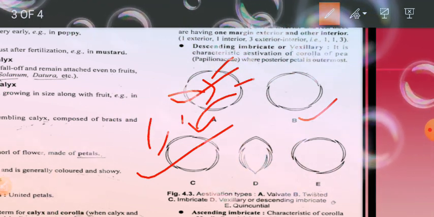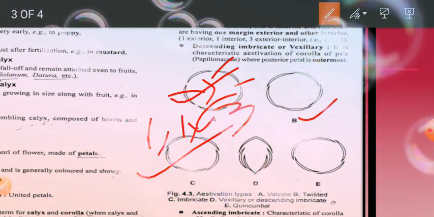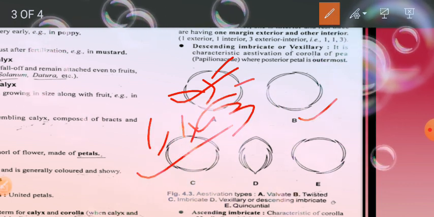the 1-1-3 combination is seen in the imbricate type.